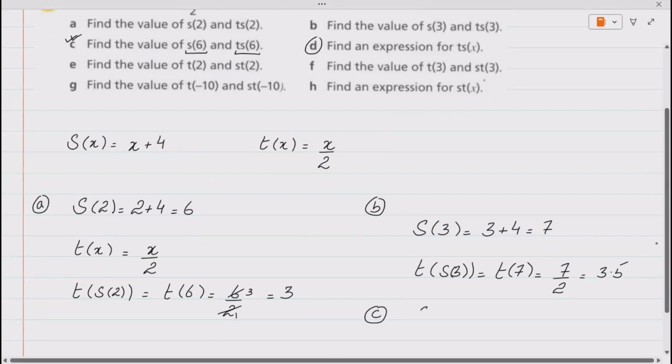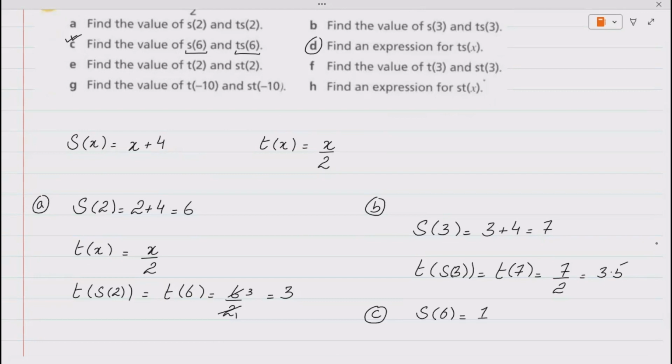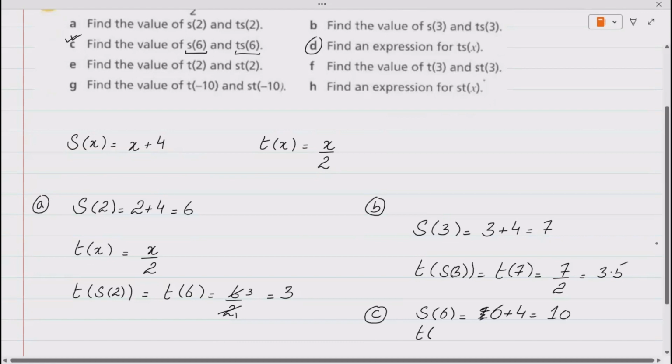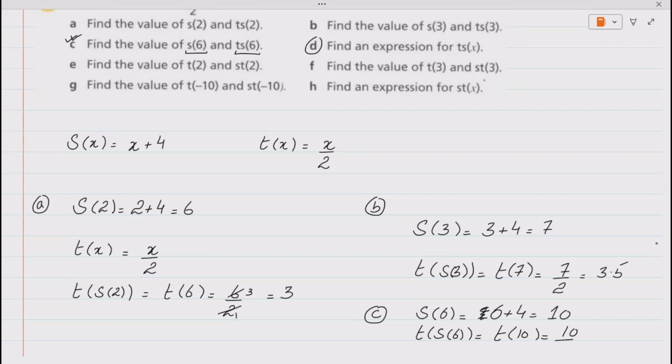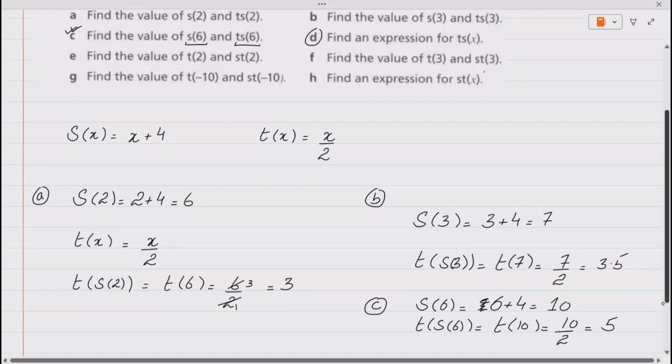We have to find S6, so put 6 in S: 6 plus 4 is 10. Then we have to find T of S6, and S6 is 10. So T of 10 is 10 upon 2, because T of x is x upon 2, which is 5. So part C is complete.